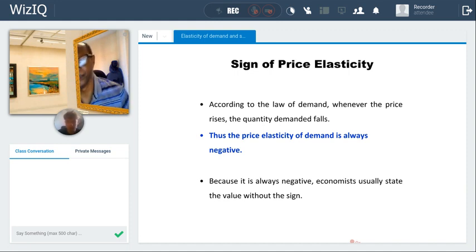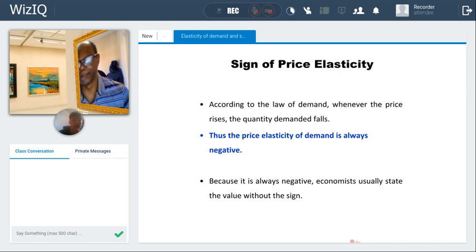The quantity falling means negative, the price increasing means positive. So you have a positive divided by a negative, or a negative divided by a positive. You always get a negative. So price elasticity of demand will always be negative.